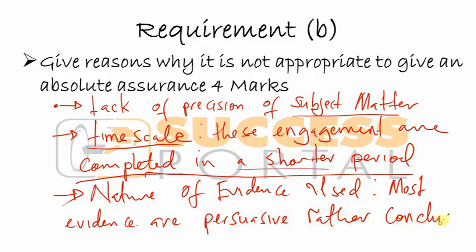I talked about persuasive: these are evidence that make you believe, while conclusive, these are evidence that are actually based on facts. I gave a silly example, but I hope it makes you understand what persuasive means and what conclusive means. Not conclusion, conclusive.